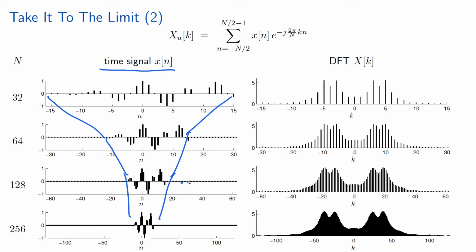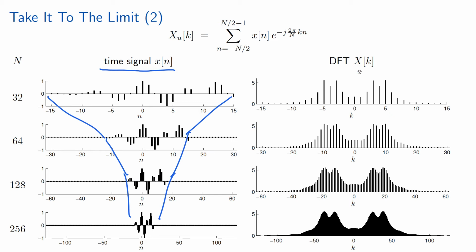And in this case, I'm padding it with zeros, but you could actually even have signal fluctuations out here. Nothing would change. So I'm allowing the total signal length n to grow from 32 to 64 to 128 to 256. It's doubling every time.